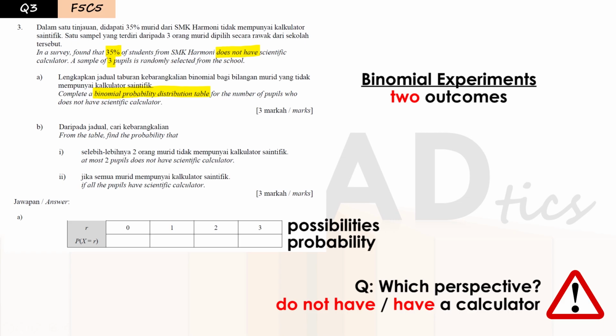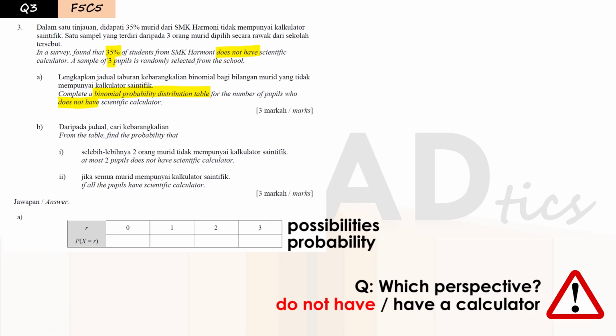Now, how do we select our perspective? We can look at our questions. For example, part A says the number of pupils who do not have a scientific calculator, and part B1 also says the pupils do not have a scientific calculator. This is an indication that we can use do not have as our perspective to solve the questions easily.